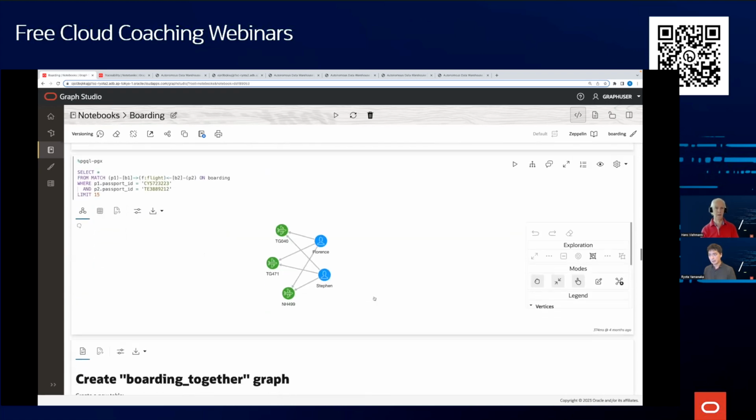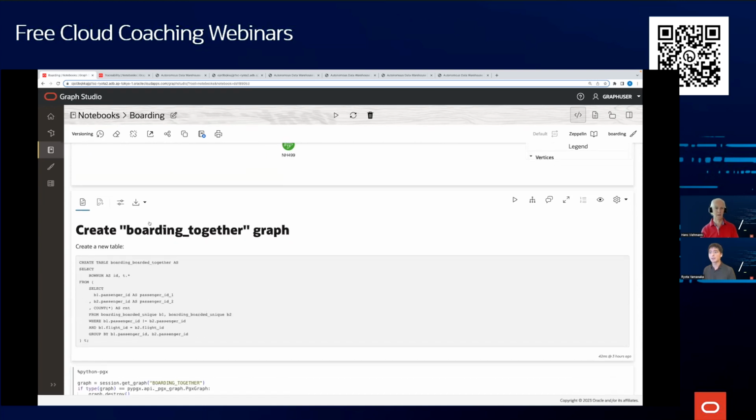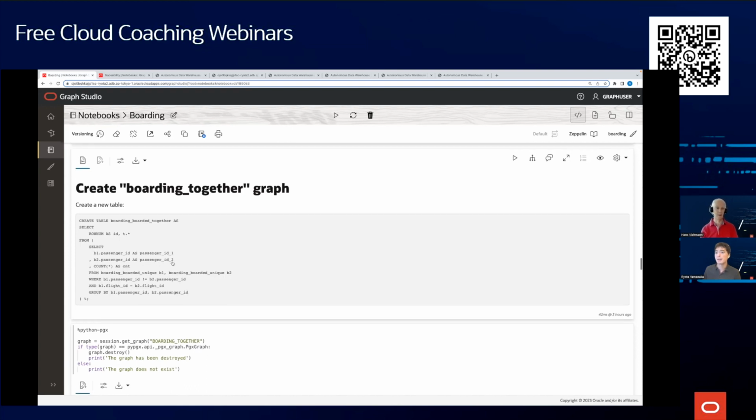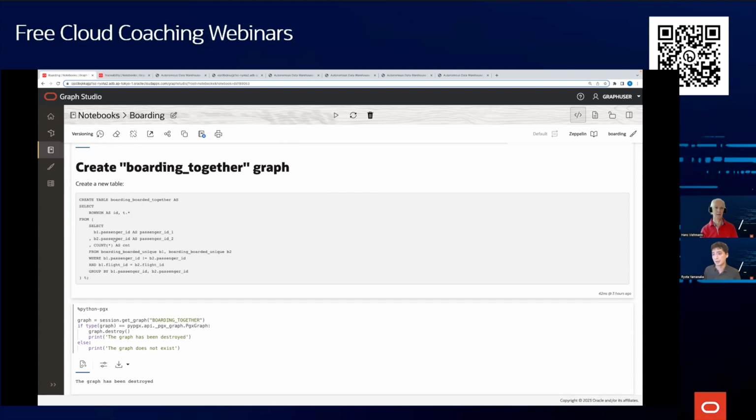So for that, we would like to create a boarding together graph, another graph. And for that, we can run simple SQL queries to get the information whether one passenger ID1 and another passenger ID2 have boarded together on any airplanes and how many times. And it is easy to create such an aggregation query.